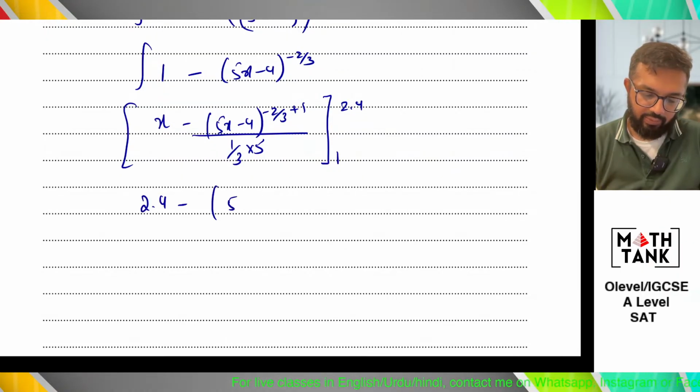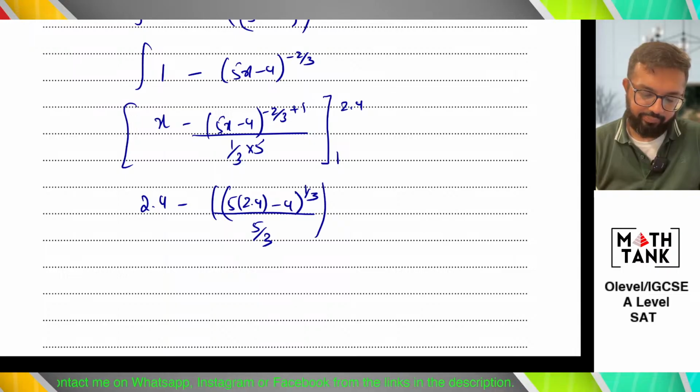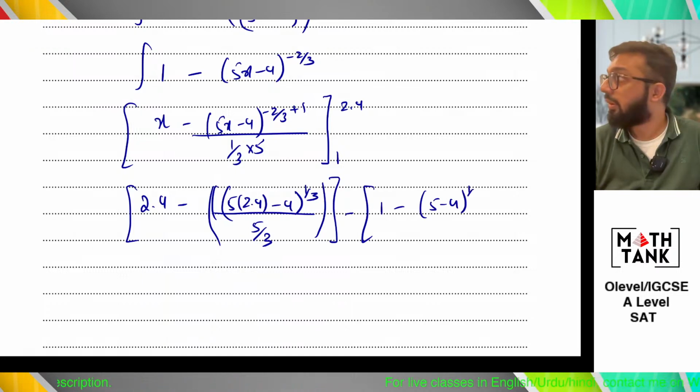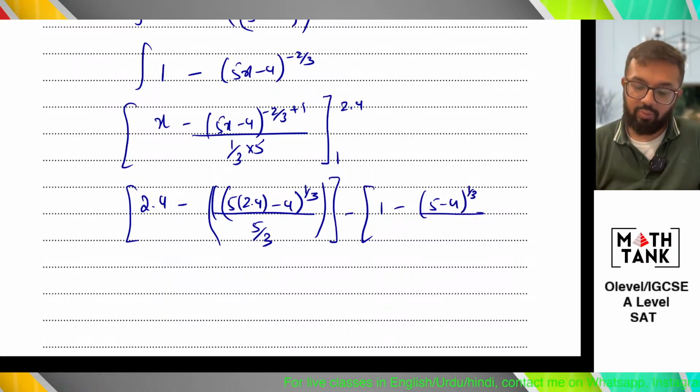Substituting 2.4 minus 5 into 2.4 minus 4 power 1 over 3 divided by 5 over 3, minus 1 minus 5 minus 4 power, equal to 1.